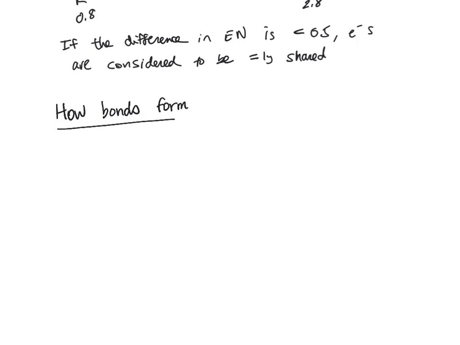How do bonds form? We're going to spend time in this class focusing on molecular orbital theory, so it's important to have a good grasp on this when we're considering how bonds form. Bonds form when you have an orbital that has one electron in it that encounters another orbital of a different atom that has another electron in it.